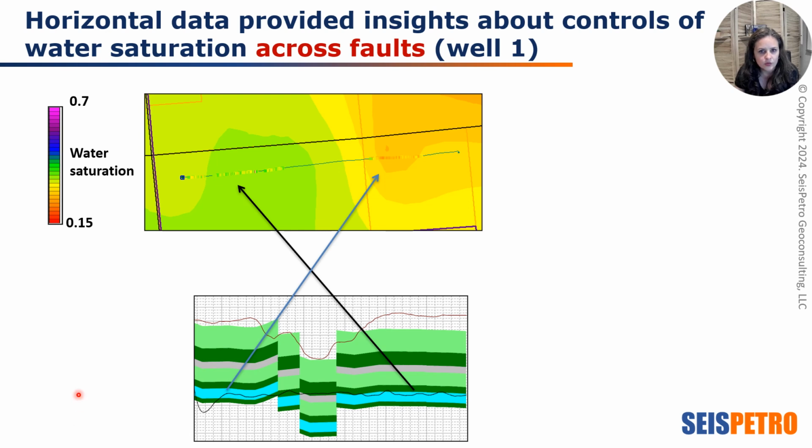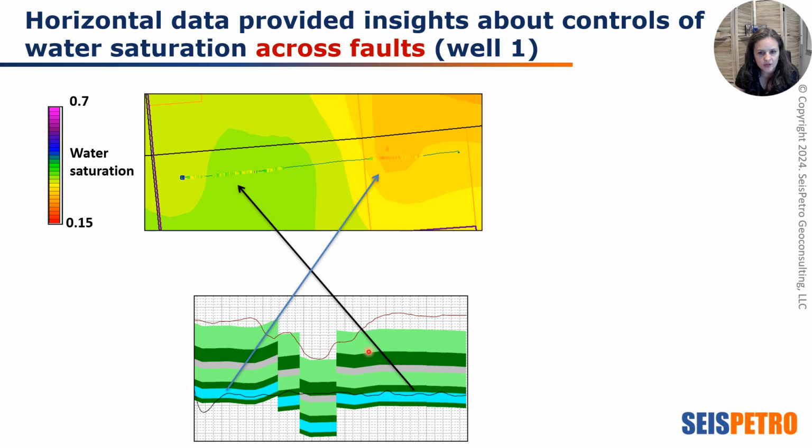Now I also want to show some examples of how the horizontal data provided insights about controls of water saturation across faults. In this well, we can see how the water saturation changes in the same well when we go across the fault.